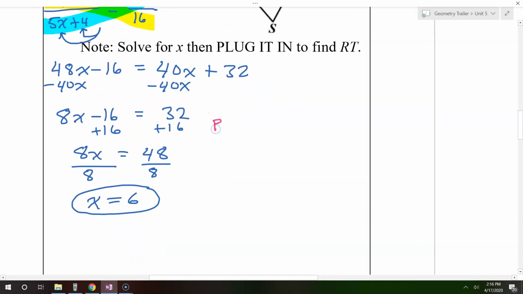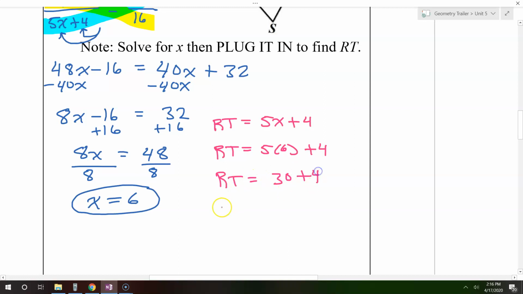Okay, so RT is equal to 5x plus 4, but now we know that x is 6. That means that RT is going to be 5 times 6 plus 4. That's 30 plus 4, which of course is 34. And that is the final answer.